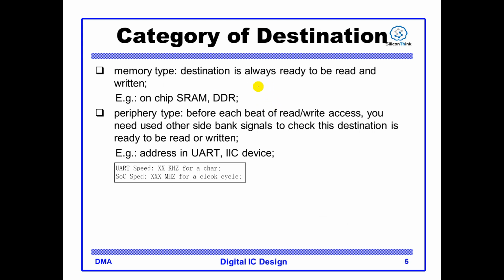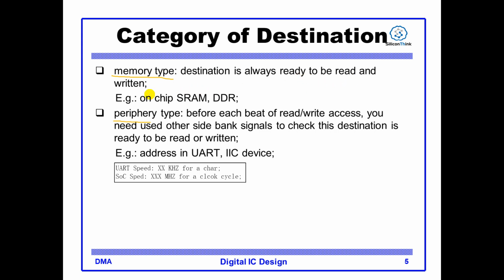In this slide, we will categorize the memory mapped location to two different types. The first type is memory type, and the second type is peripheral type. So what is memory type? That is, for this location, it's always ready to be read and written.